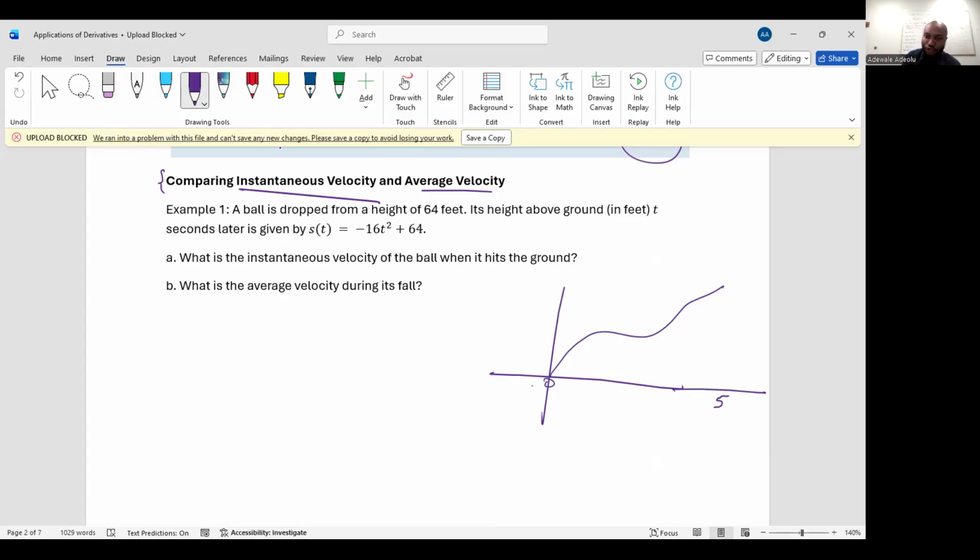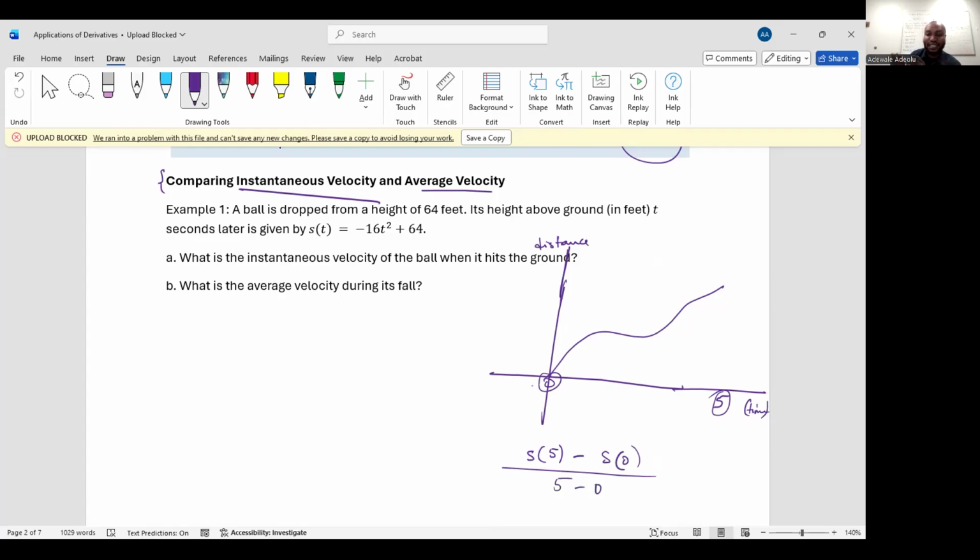This axis is time, and this is distance covered. If I ask you what is the average speed, you know what to do. You just need to ask what is S at this point, 5, minus S at the starting point, 0, divided by 5 minus 0. We know that, average.